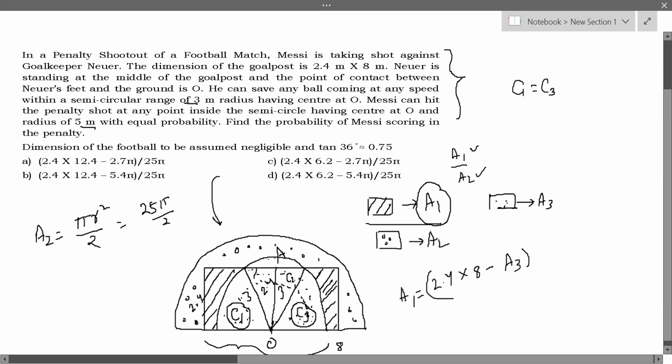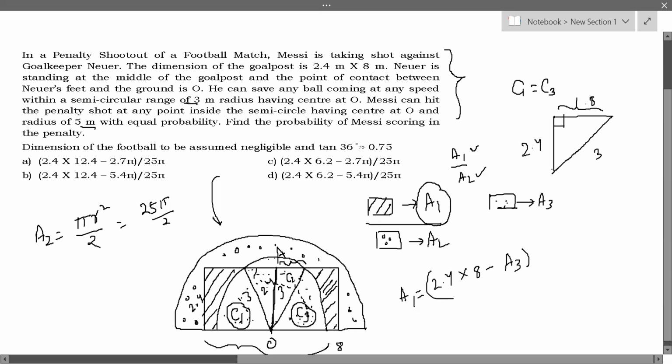Now the height is 2.4 and this is the radius. I'll just simplify it over here. This is the height as 2.4 and the radius is 3. This is 90 degree. Now, if you use Pythagoras theorem, you'll find that the length of half of this side is 1.8.